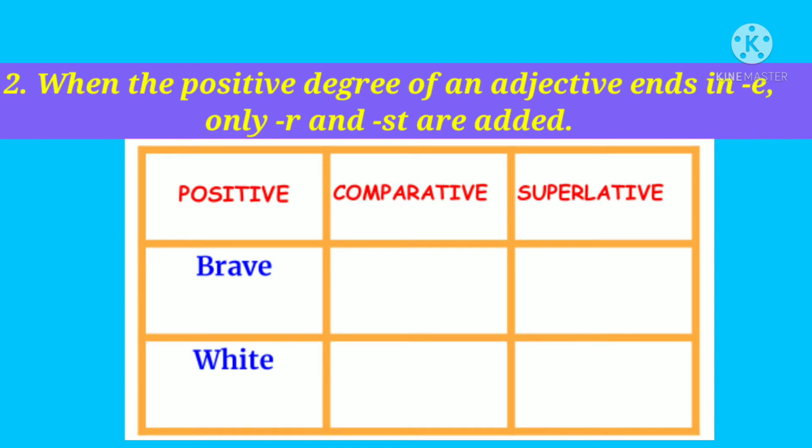As these positive degrees end with e, here we will only add r to the adjective brave to form the comparative degree, and st to form the superlative degree. So the comparative degree of the adjective brave will be braver, and the superlative degree will be bravest. In the same way, the comparative degree of the adjective white will be whiter, and the superlative degree will be whitest.